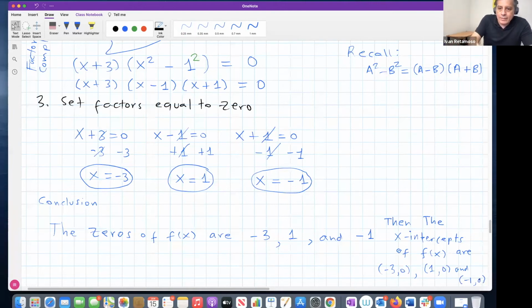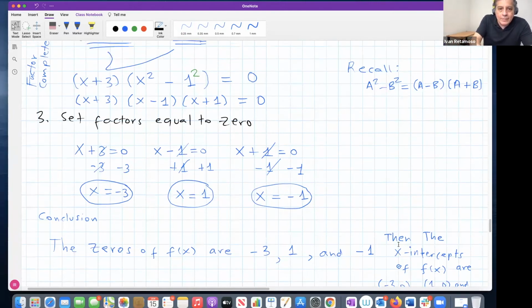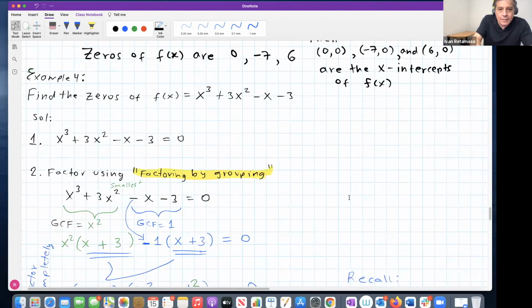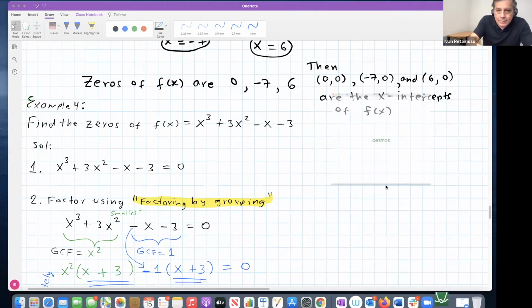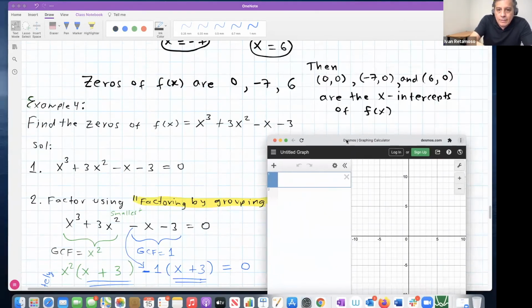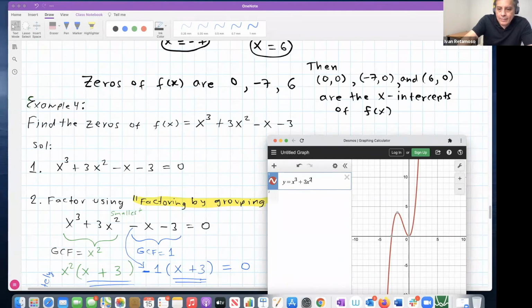Professor, how come this becomes the x-intercept? Well, let's graph it, right? Let's graph it. So we have this tool, y equal x cubed plus 3x squared minus x minus 3.